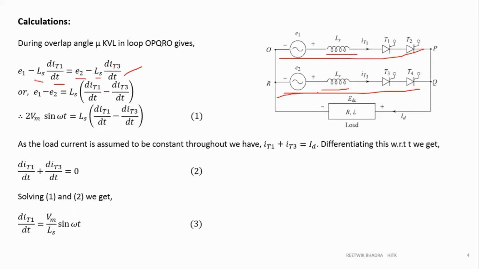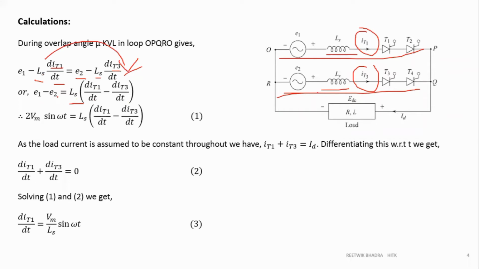The current flowing through this LS is IT3, and the current flowing through this LS is IT1. Then we bring E2 to the other side and this LS to this side. Taking LS common, you get dIT1 by dt minus dIT3 by dt.